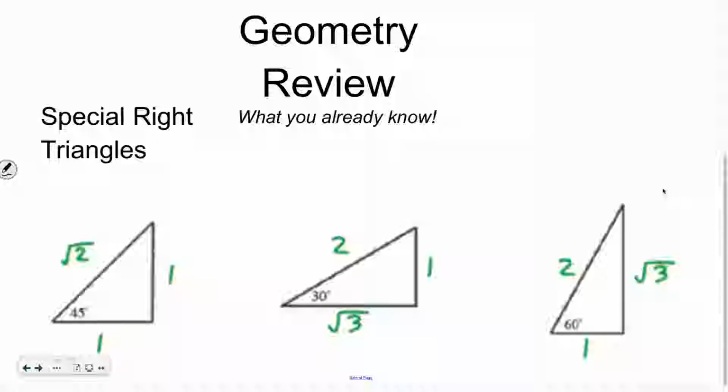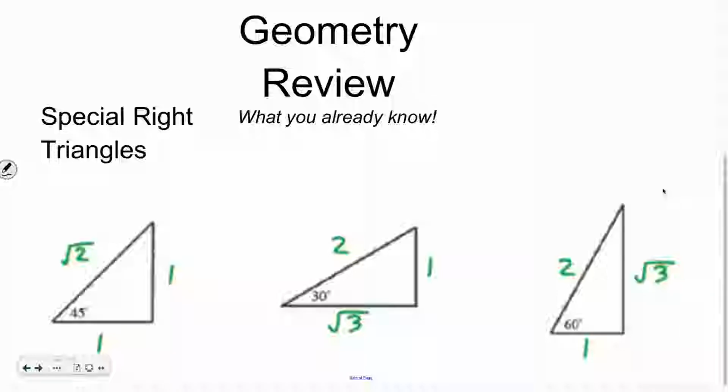Now notice I have 3 triangles up here, but there are really only 2 special right triangles. That's because we're going to see 2 versions on the unit circle of the 30, 60, 90 triangle. One version is going to have 30 at the origin and the 90-degree angle on the horizontal x-axis. Okay, the other version will be 60 at the origin and 90 on the horizontal x-axis.